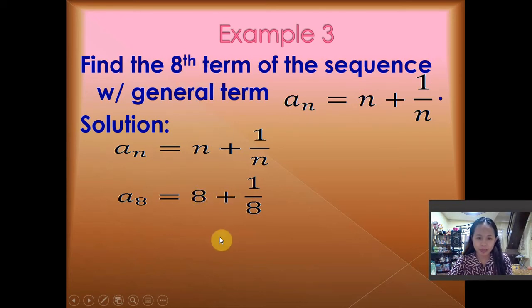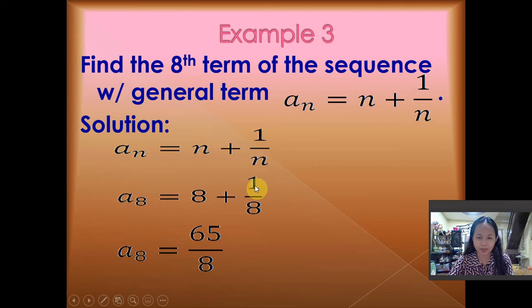After substituting, we will simplify. The 8th term is equal to 65 over 8. How did we get 65 over 8? That is 8 plus 1 over 8. Or simply, 8 has a denominator 1. Then cross multiply. 8 times 8, that's 64. That 1 times 1 here, that's 1.